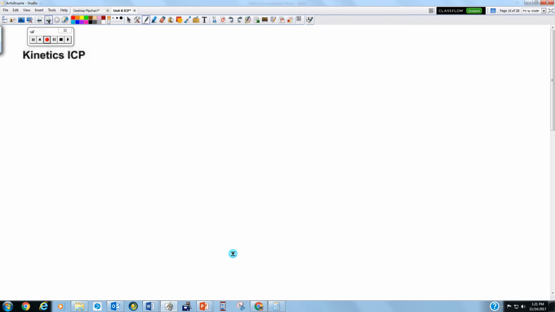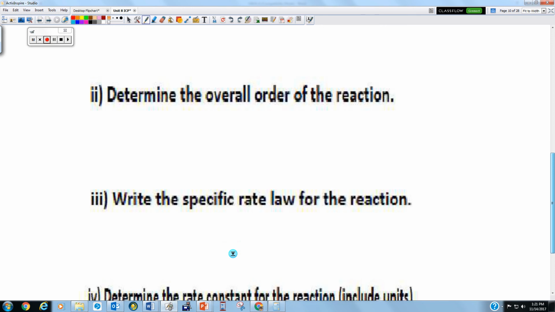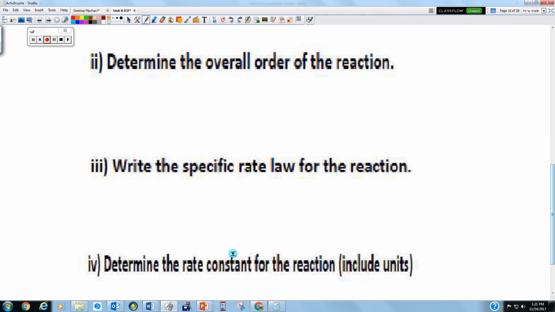All right. Now, if you flip over to the next page, they actually had this broken down into some questions. We know the order for F2, and we know the order for NO2 now. So this question says, determine the overall order of the reaction. Guys, how do you determine the overall order of the reaction? You add them up.